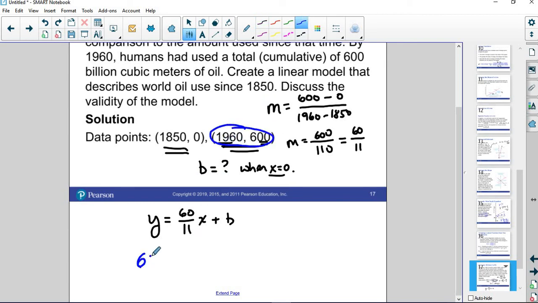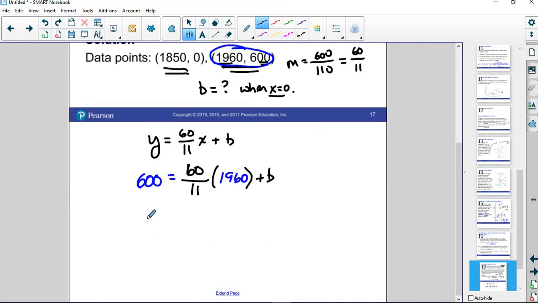I get 600 for y. And I have 60 over 11 times x. X is 1960 plus b. This comes out to be kind of nasty, and so I wouldn't be this mean to you, but these don't reduce, and so 60 times 1960 is 117,600 over 11 plus b.